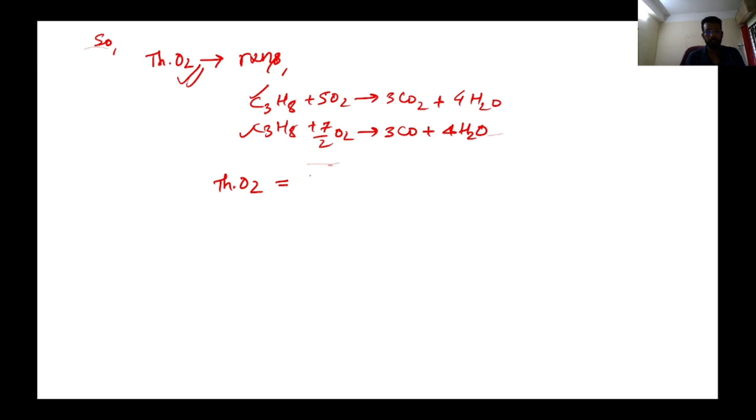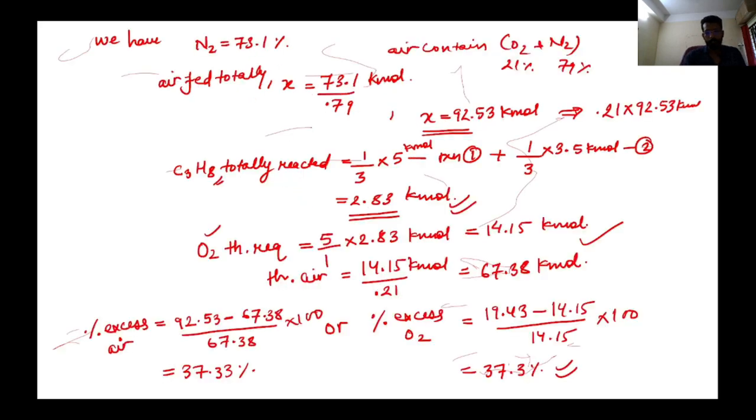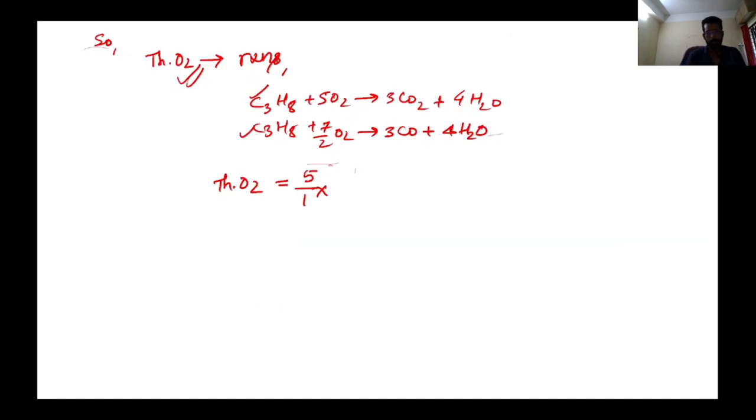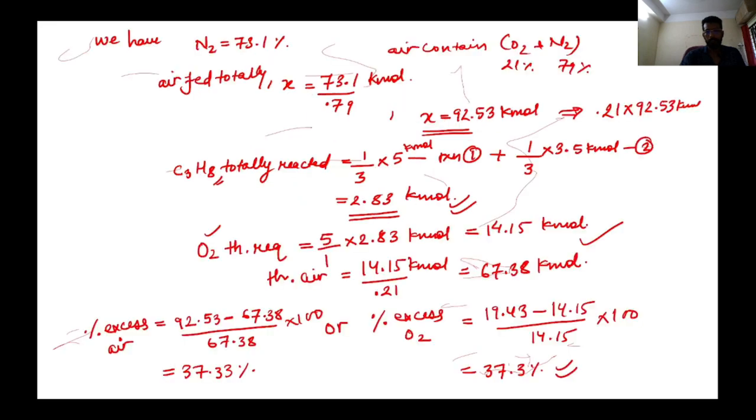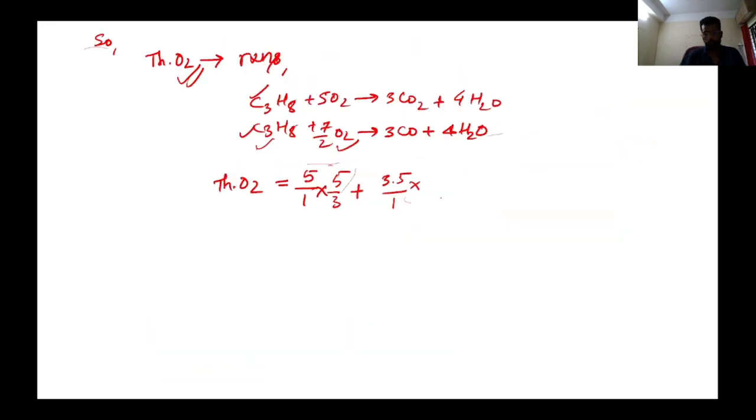So 5 by 1, where 5 is the stoichiometric coefficient of O2 and 1 is the stoichiometric coefficient of C3H8, into the C3H8 reacted by the first, 5 by 3, plus 3.5 by 1, where 3.5 is the stoichiometric coefficient of O2 and 1 is that of C3H8, into the C3H8 reacted by reaction 2, 3.5 by 3.